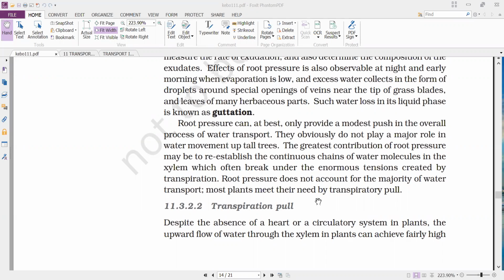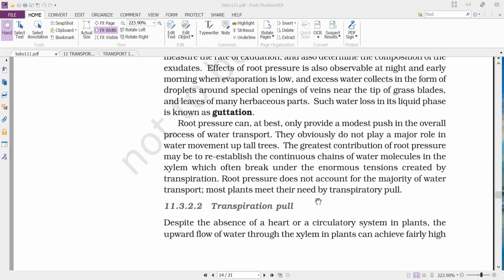So in tall trees, root pressure does not account for the majority of water transport. Most plants meet their need by transpiratory pull. Root pressure is pushing the water upwards, whereas the transpiration causes the pulling force. So transpiration is playing a very important role in the transportation of water to the upper parts of the plant, especially in tall trees.